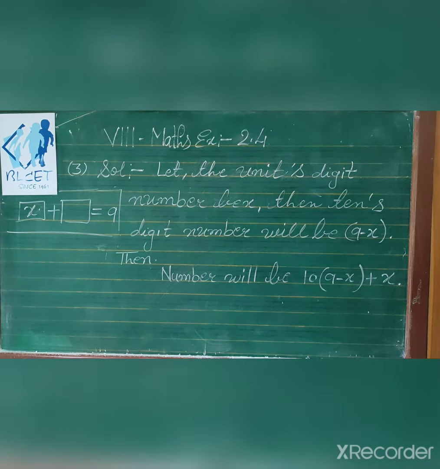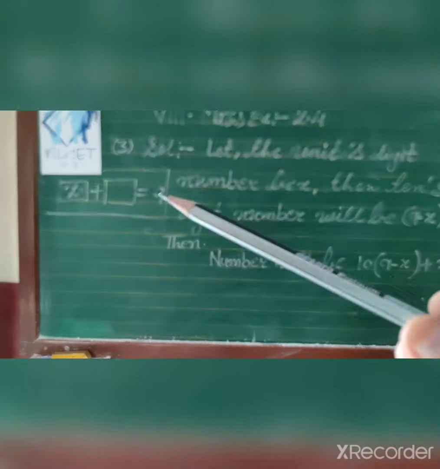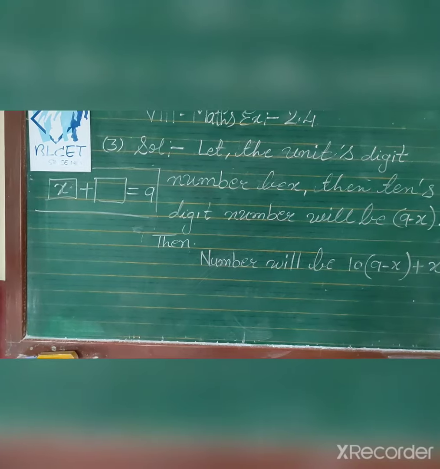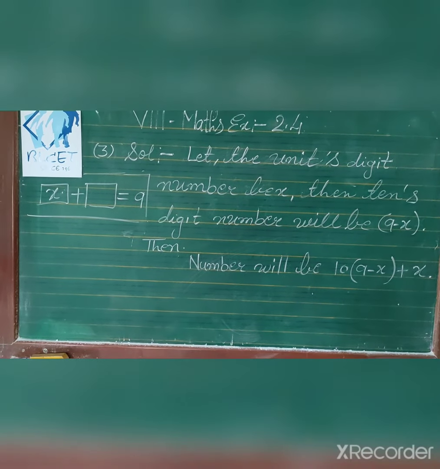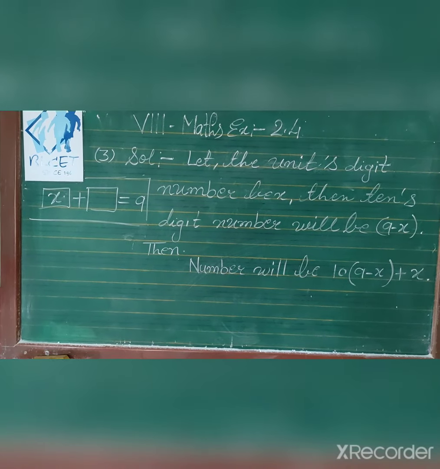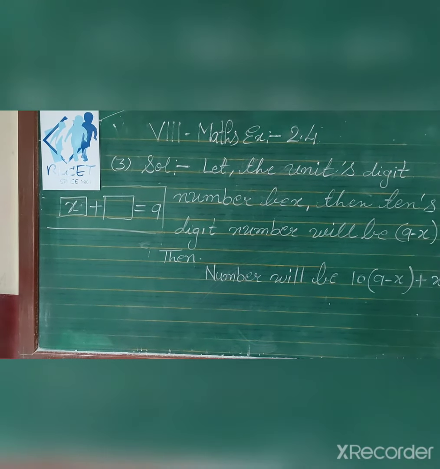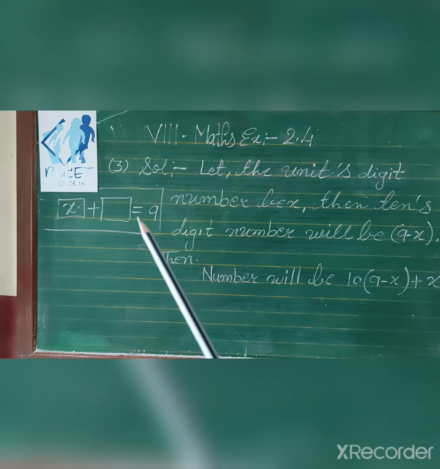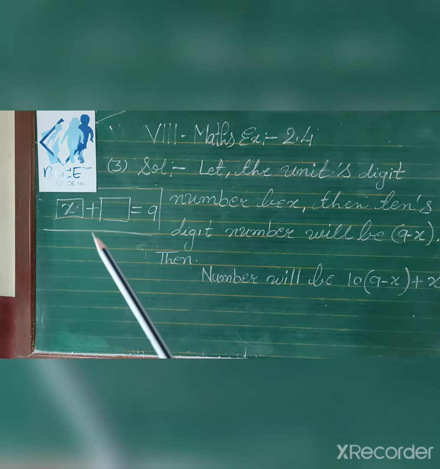In the third question, let the units digit be x, then the tens digit will be... See here it is clearly written the sum of the digits of the 2-digit number is 9. Suppose I am choosing 72, so 7 plus 2 is equal to 9. So we are assuming the unit digit be x, and the tens digit we don't know, and the sum is 9.